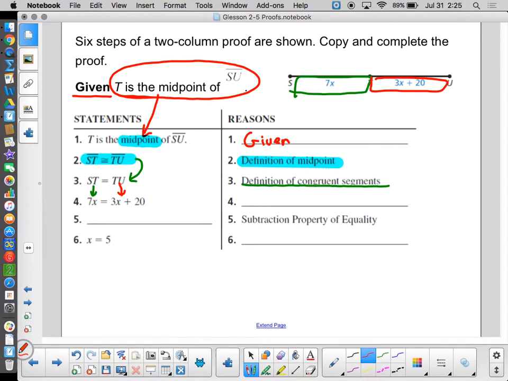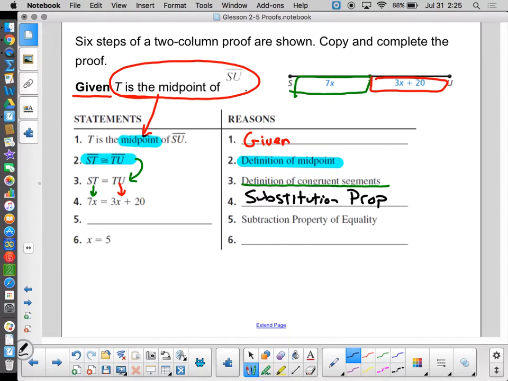We change TU into 3x plus 20 because they have the same value. That is an example of the substitution property. I take that measurement and rewrite it in terms of x because I know what it is in terms of x, but I'm not really changing anything. I'm just rewriting it a different way because I know they're equal values. That's substitution.